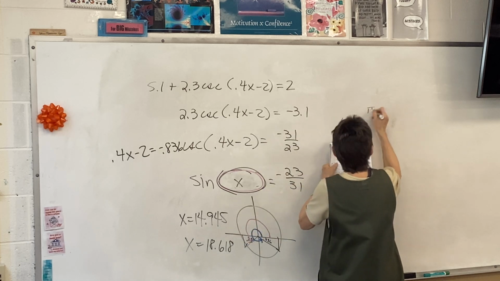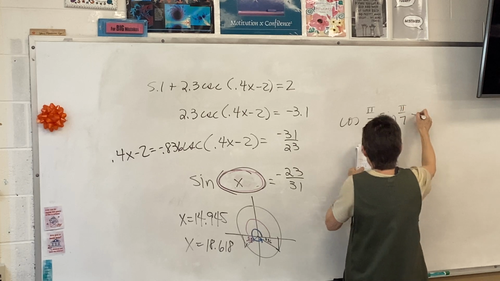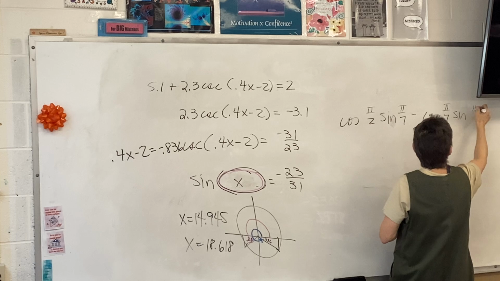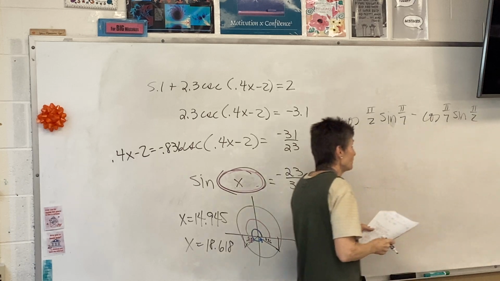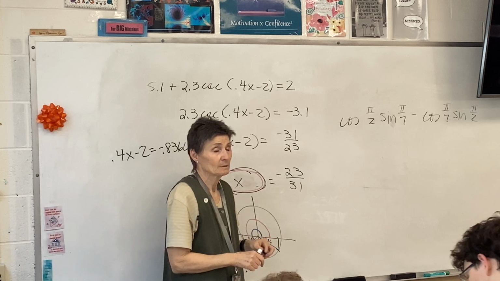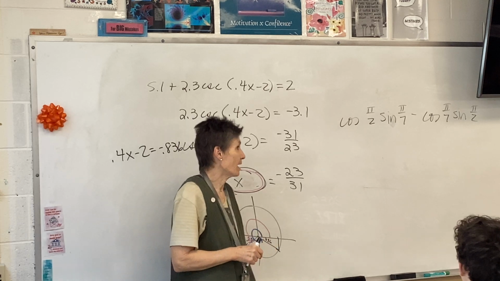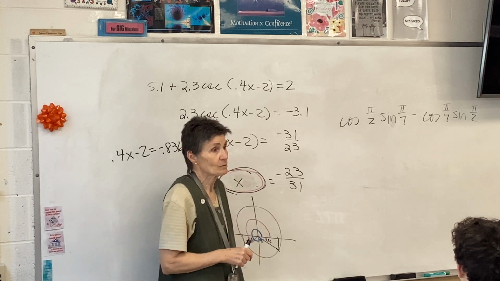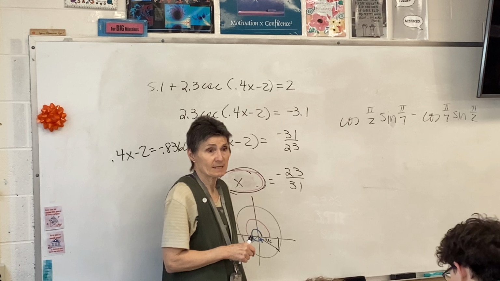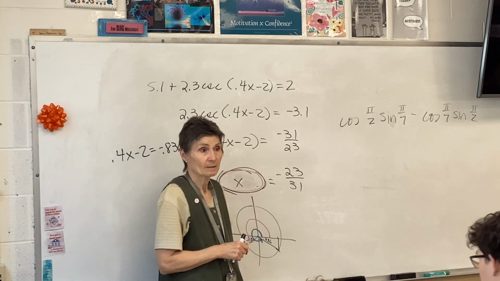Cosine pi over 2, sine pi over 7, minus cosine pi over 7, sine pi over 2. Your job is to simplify that. That's a formula, one of your identities. Which one is it? Cosine sine minus cosine sine. That is the sine formula, right?